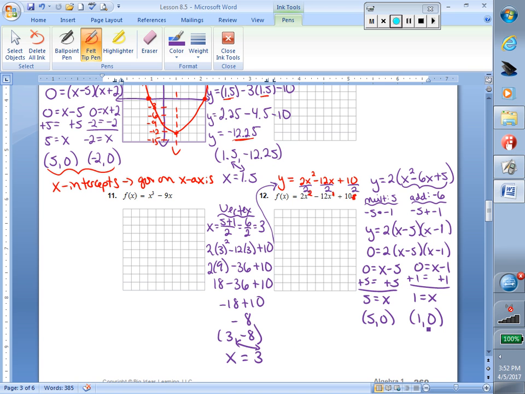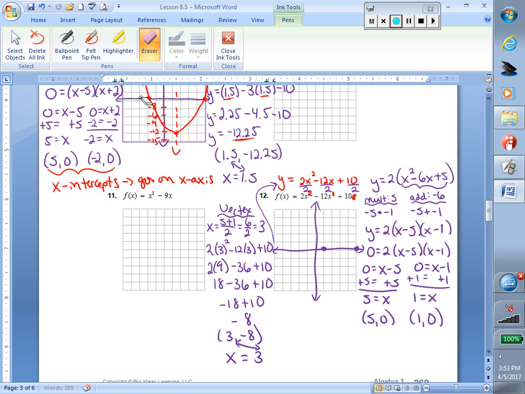So let's go ahead and graph. Five, 0, 1, 0. Again, the x-intercepts, they go on the x-axis. And then for our vertex, -8, I don't want to draw off the paper down here.